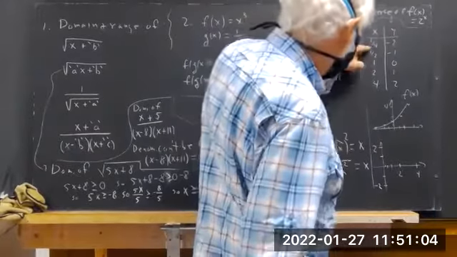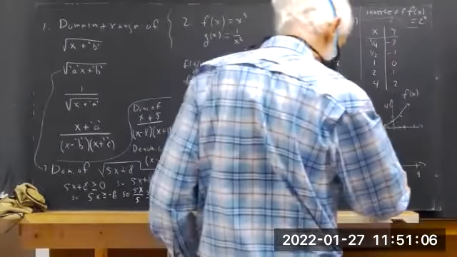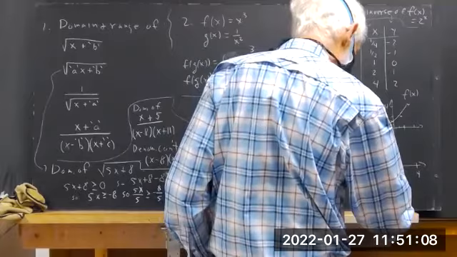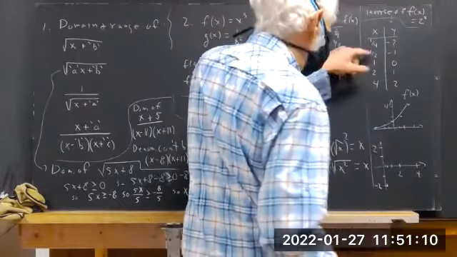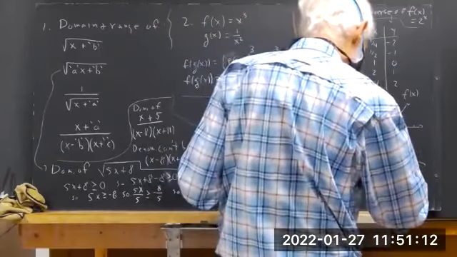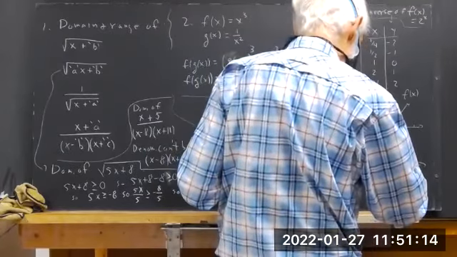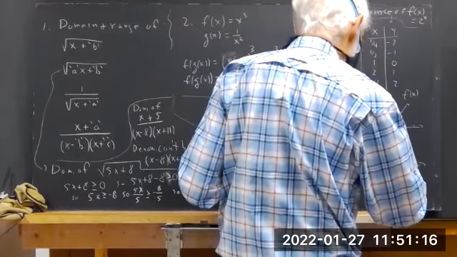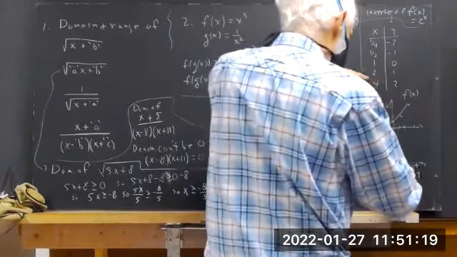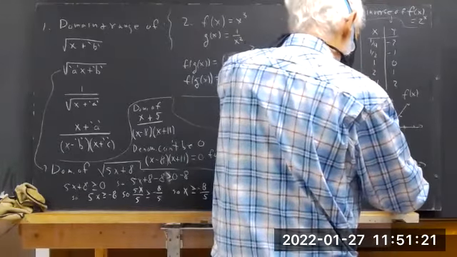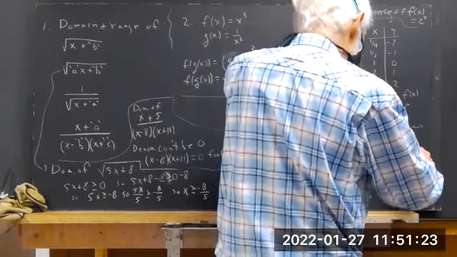So when x is 1/4, y is -2. Now we have 1/4 here, we have -2 here. When x is 1/2, y is -1. When x is 1, y is 0. When x is 2, y is 1. When x is 4, y is 2.